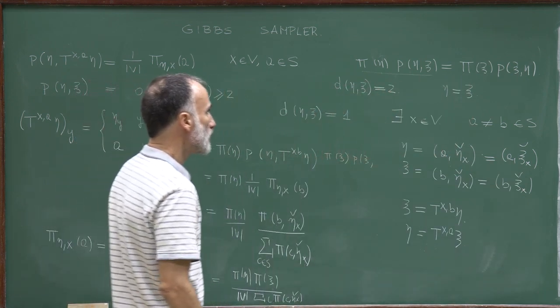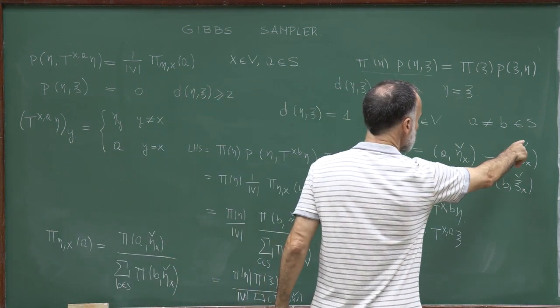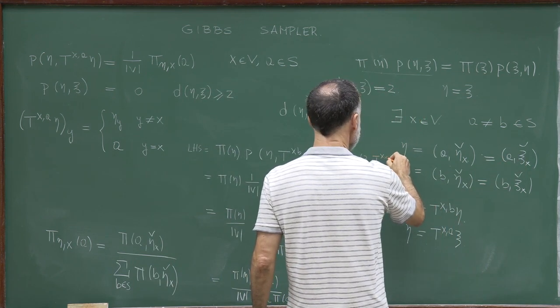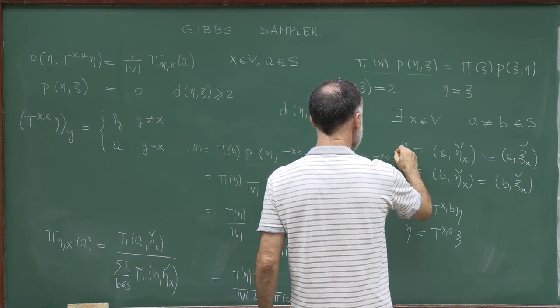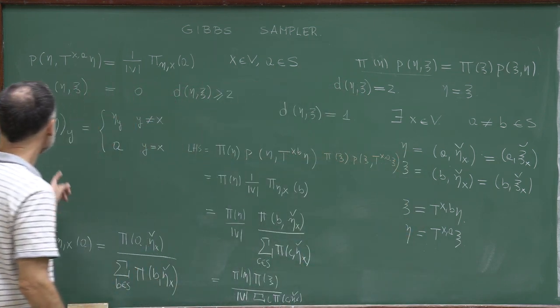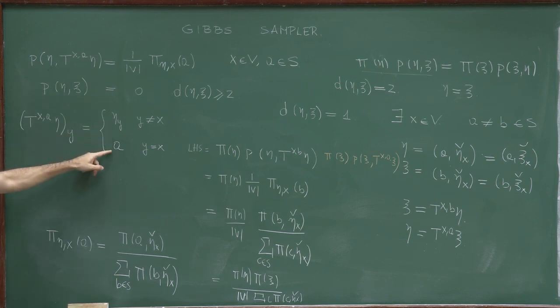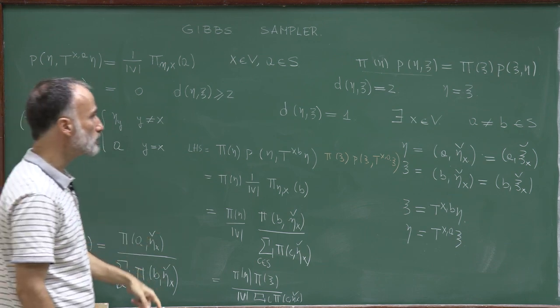So a psi ch x, it's t x a psi. So this is t x a psi, because at y it coincides with psi, and at x it's equal to a.